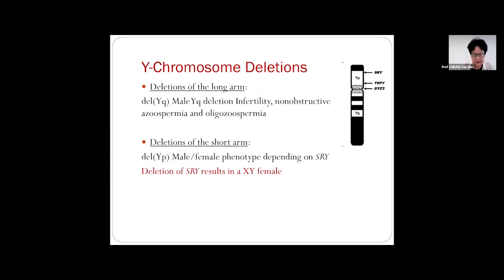The last 2 slides I will mention about the Y chromosome deletions. If deletion Yq from here to here, usually will cause infertility or non-obstructive azoospermia or oligospermia, because all these factors are distributed here. Deletion of YP, that's the SRY gene, and then if you have the deletion of the Y gene, then you will become XY female.